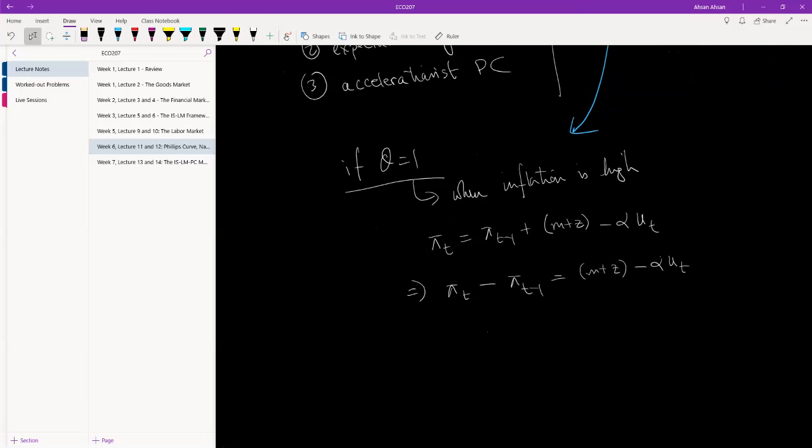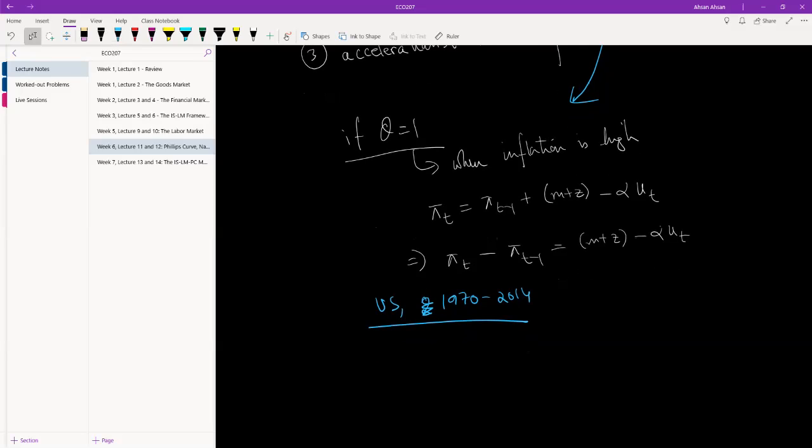Now, in the US, between 1970 and 2014, this equation looked something like this. The difference between any two consecutive years' inflation could be given by 3% minus 0.5 u_t.